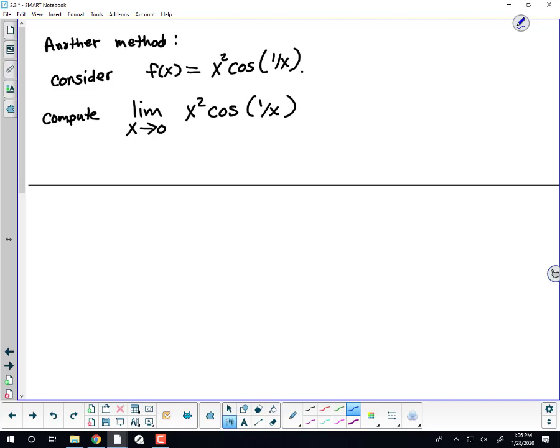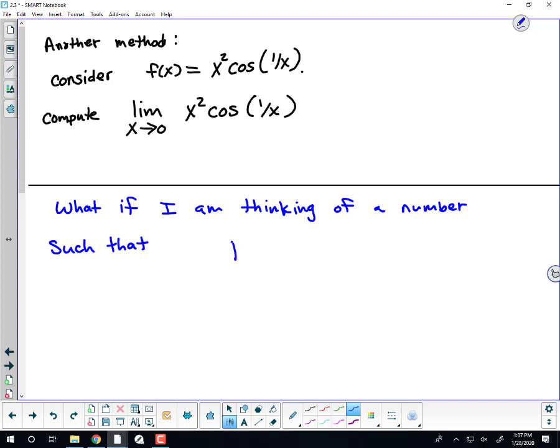What if I told you I'm thinking of a number, we'll call it n, and the number I'm thinking of is less than or equal to 10, but also greater than or equal to 10. What is the number I'm thinking of?